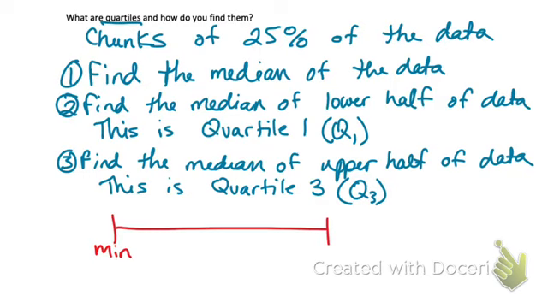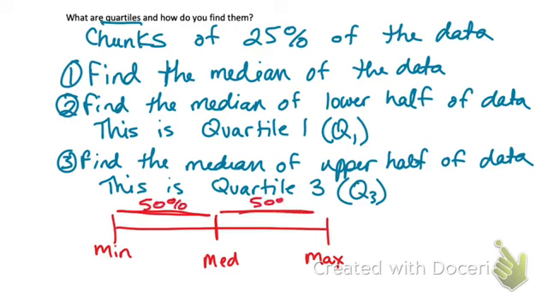So we have our minimum, and then we have our maximum. We just have our data listed out, lowest to highest. We find the median. What we have just done when we found the median is we have 50% of the data on the left, and we have 50% of the data on the right. And then when we find the median of the lower half, we have just cut that 50% into 25% and 25%.